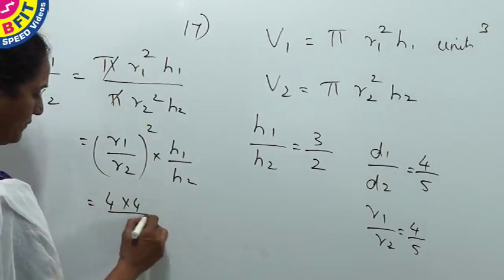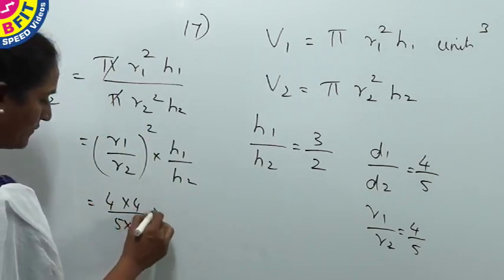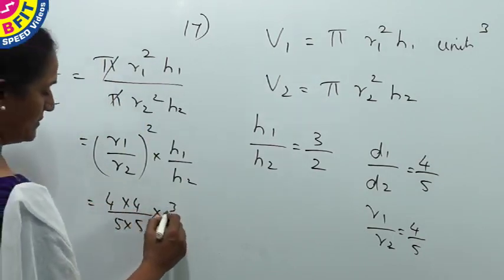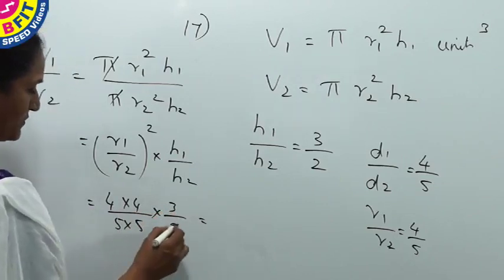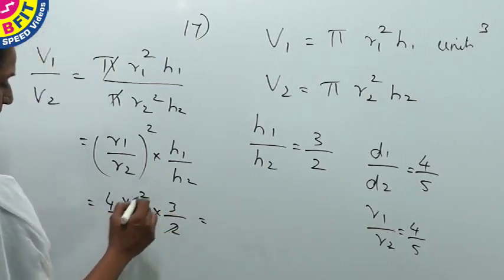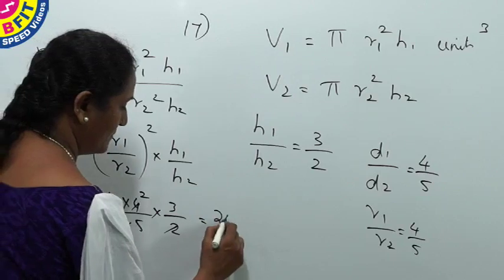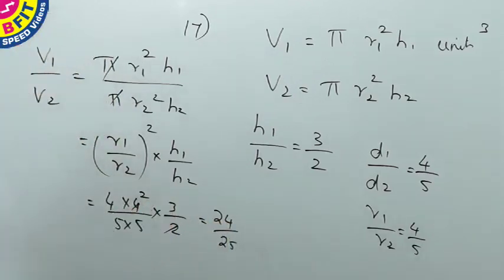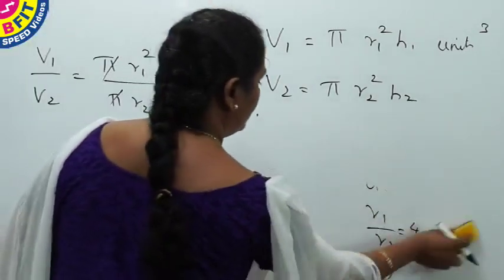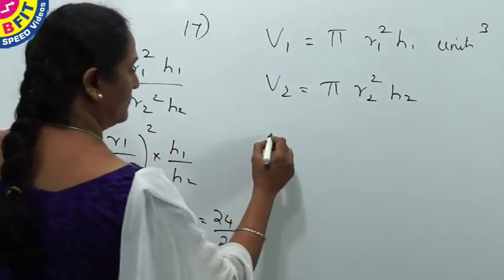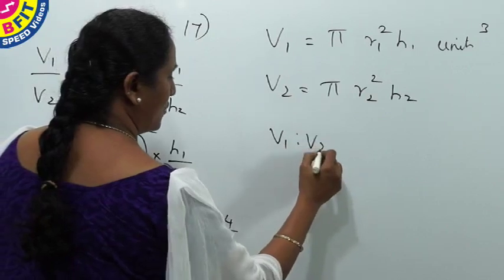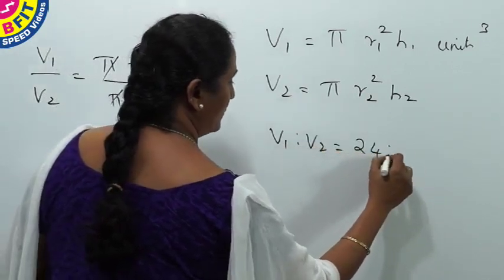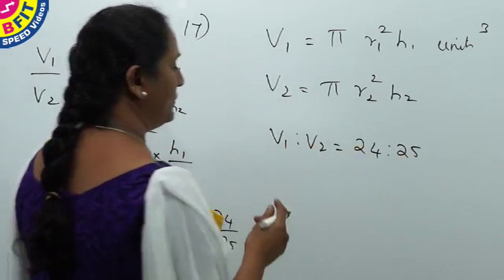So R square is 4 into 4 by 5 into 5 and height is 3 by 2. Now simplifying this, 24 by 25. Our volume ratio is equal to 24:25.